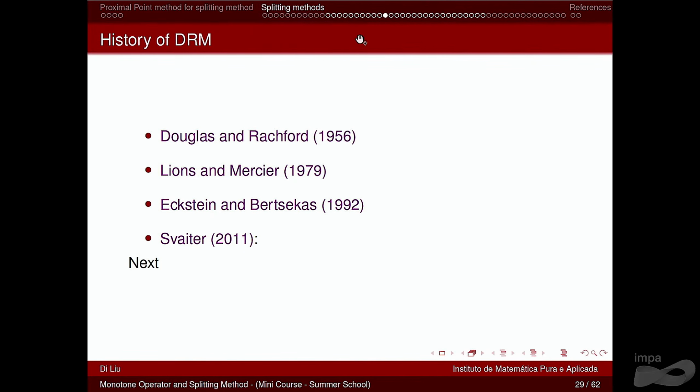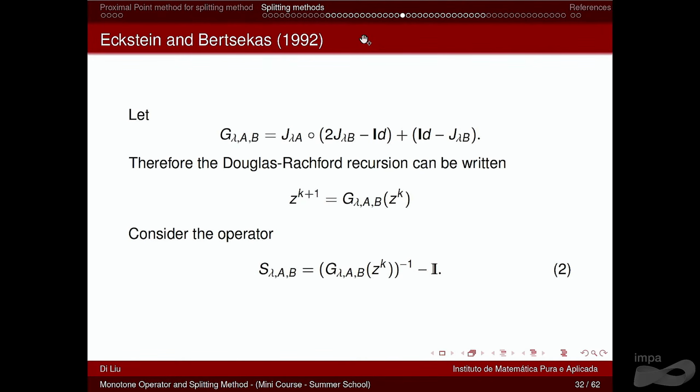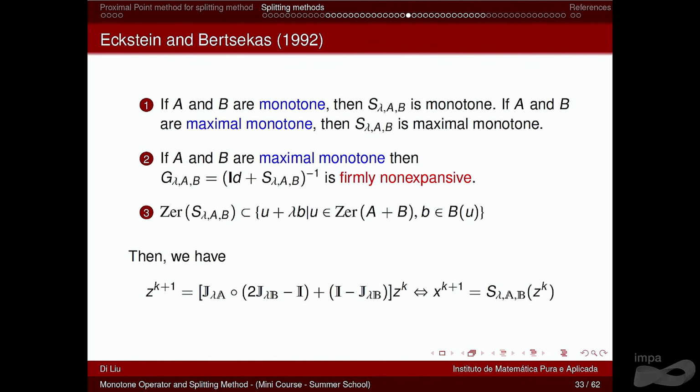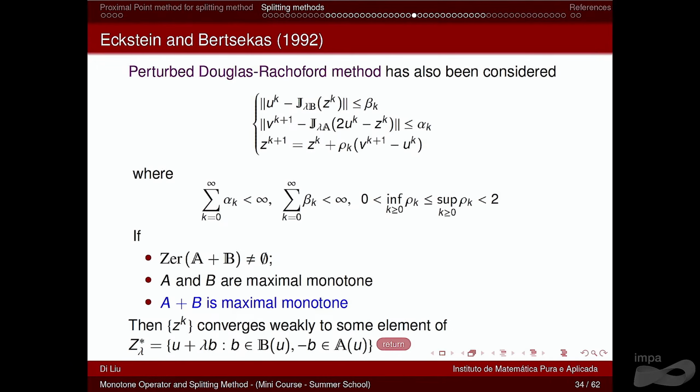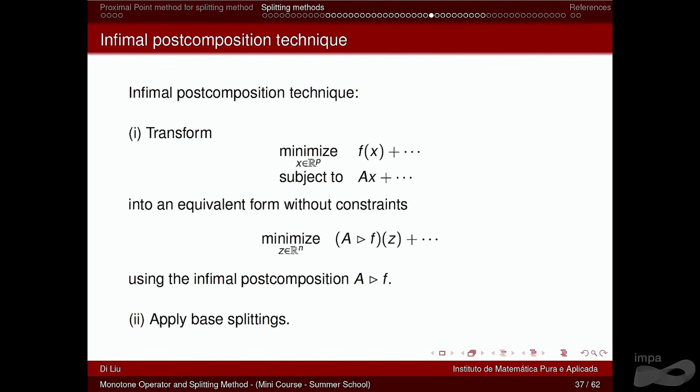The convergence of the DRM was not very easy to get until 2011, and then we will also prove that actually the Douglas-Rachford method is a special case of proximal point method, and from this slide we will prove that the ADMM is also a special case of the Douglas-Rachford method. Okay, we will stop here.